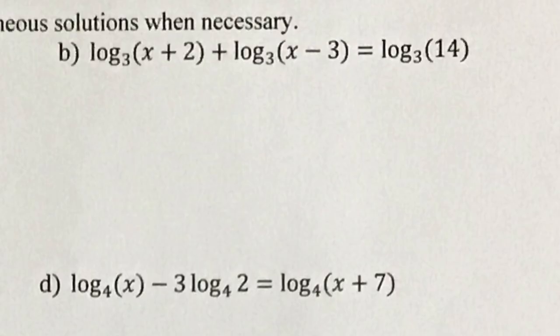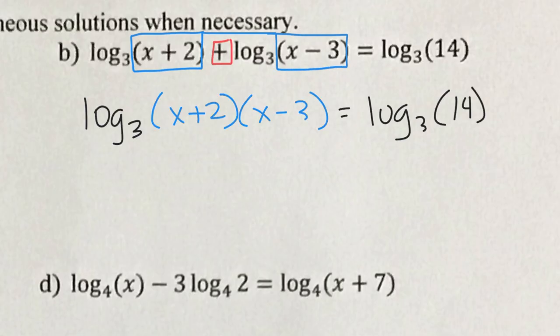Okay, let's move over and look at another one. So here we have a log, once again, plus. How do we combine if we have a plus? Multiplication. So I'm going to multiply x plus 2 times x minus 3. So now I have 1 log on the left and 1 log on the right. So I can essentially cancel out our logs and solve what's left over.